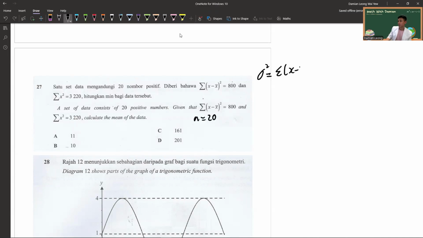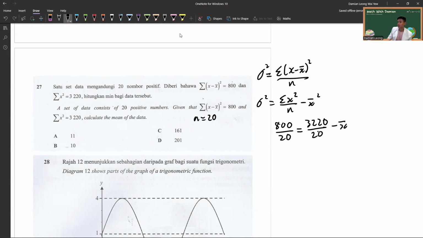Sum of (x minus mean) squared over n. The other variance formula is sum of x squared over n minus mean squared. So these should be the same. In other words, 800 over n, which is 20, equals 3220 over 20 minus mean squared.